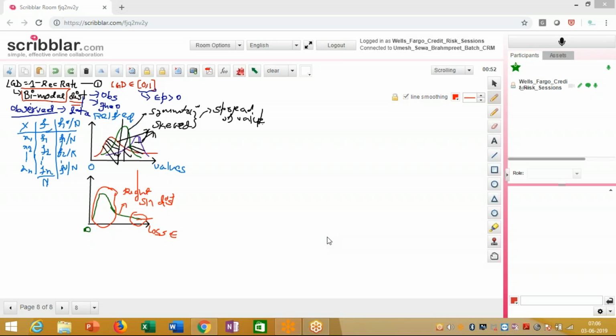Under such cases, you can have a left skewed distribution as well. If I'm choosing a left skewed distribution, what I'm trying to say is that the lower tail values are less likely to occur, and the majority concentration is towards the higher end values.